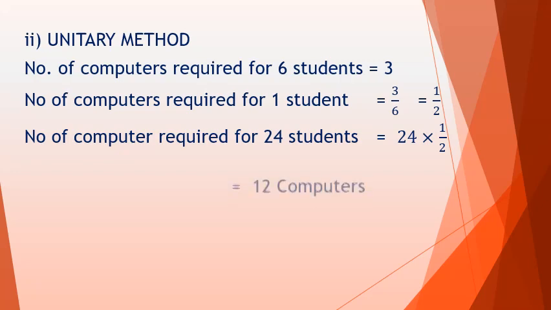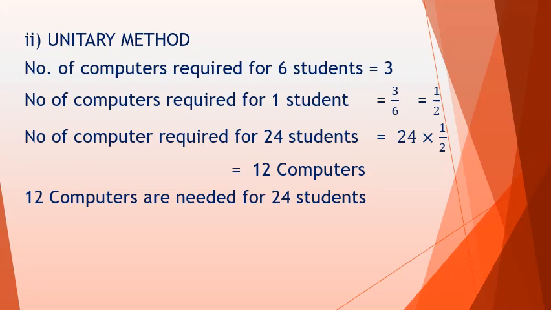That means the number of computers required for 24 students is 12 computers. So children, whichever method you feel comfortable with, you can follow that method, either the proportion method or the unitary method.